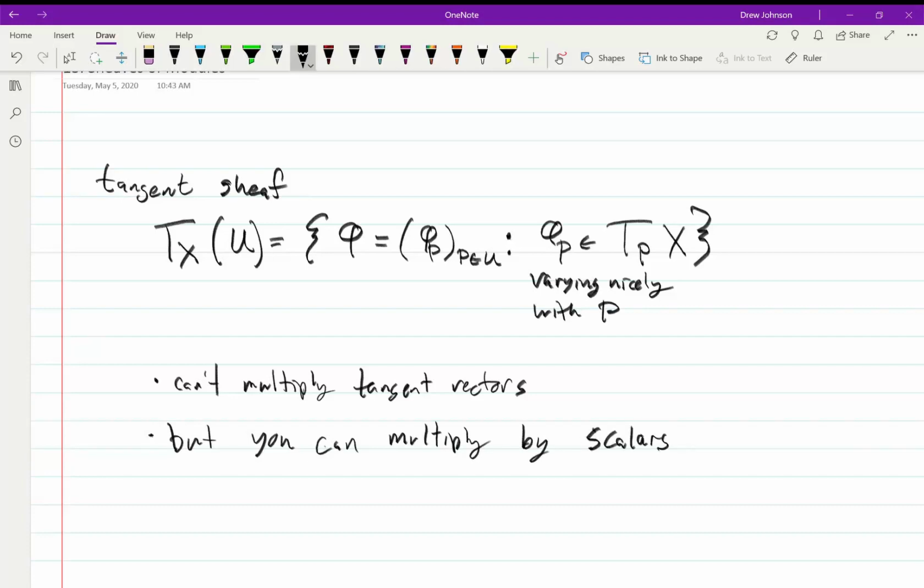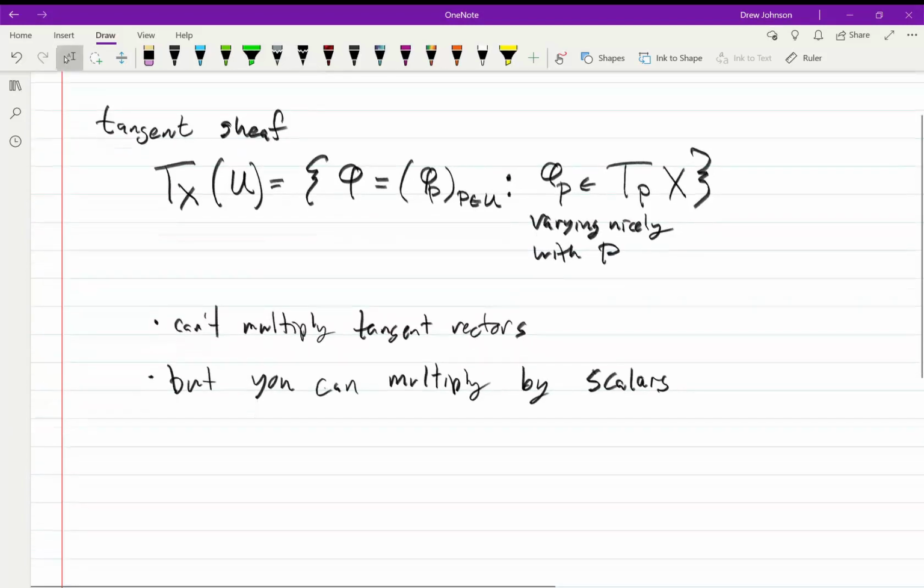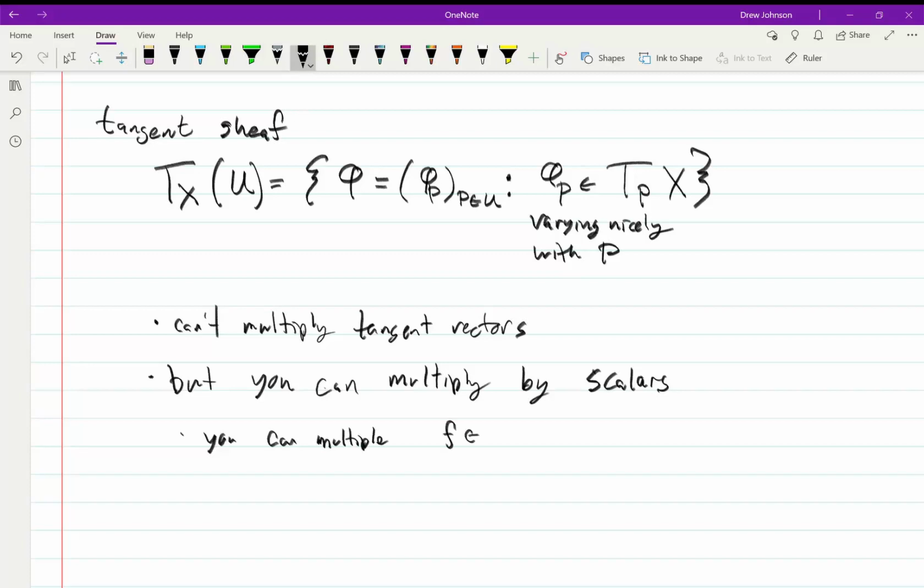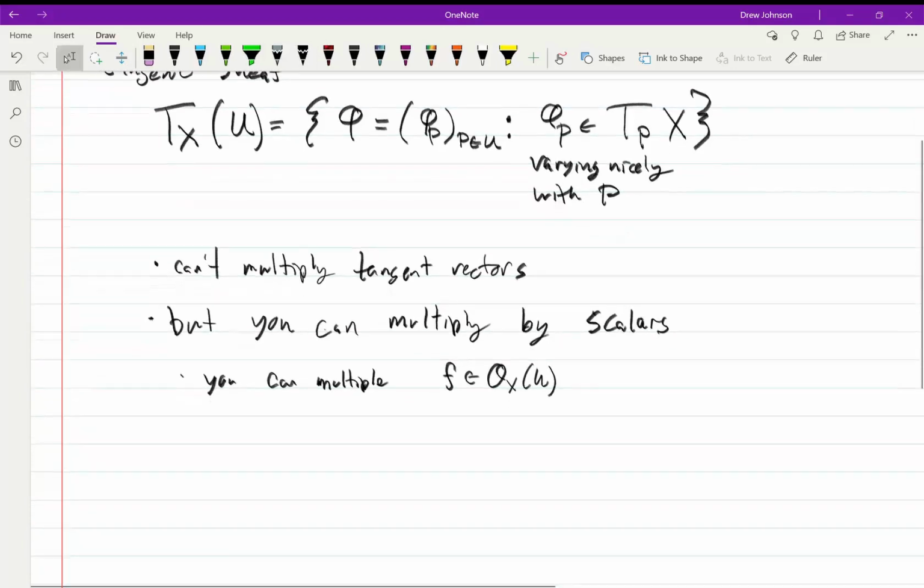Or more generally, if you're looking at a section over U, you can multiply, let's say f in O_X(U), so this is a regular function on U, by phi in the tangent sheaf T_X(U).